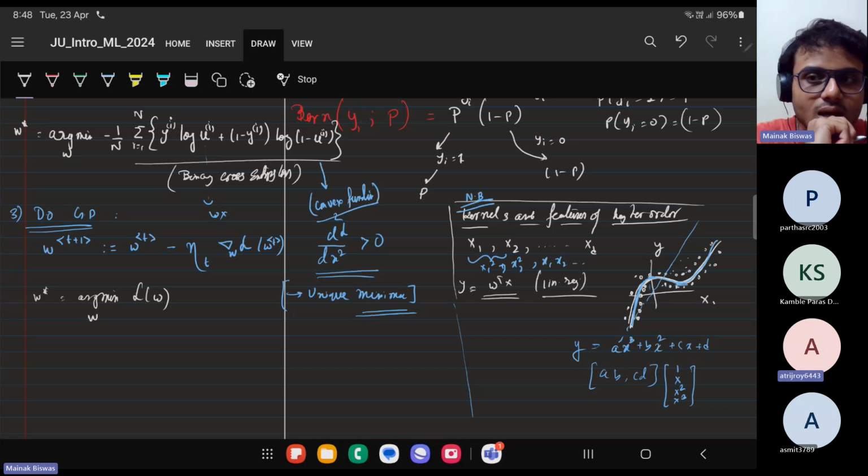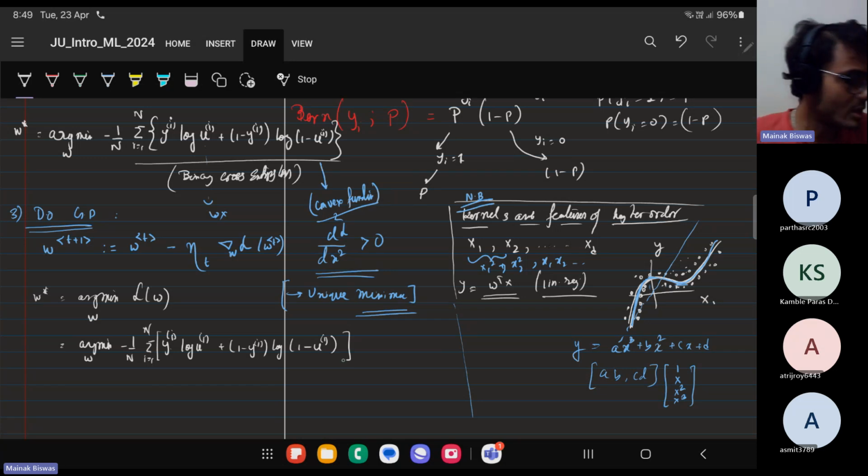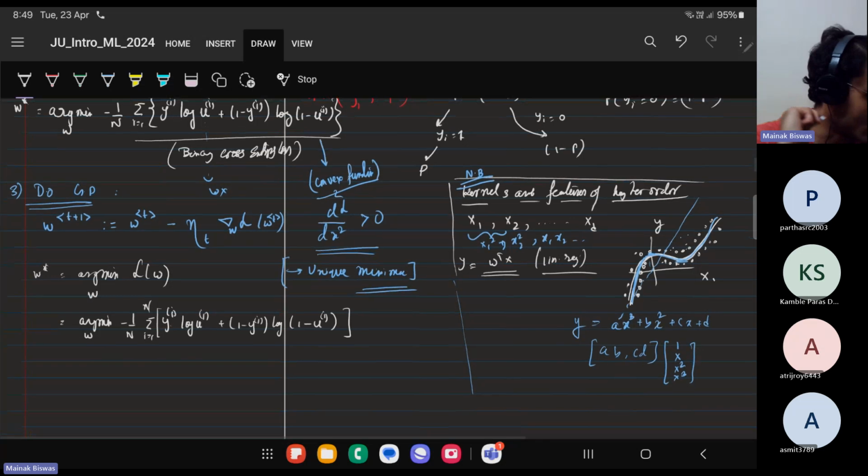What is the problem? Please. That summation function. Okay. These things are very important, very crucial. This will be given directly. So now I know this is the loss function, right? I also know what is mu i.